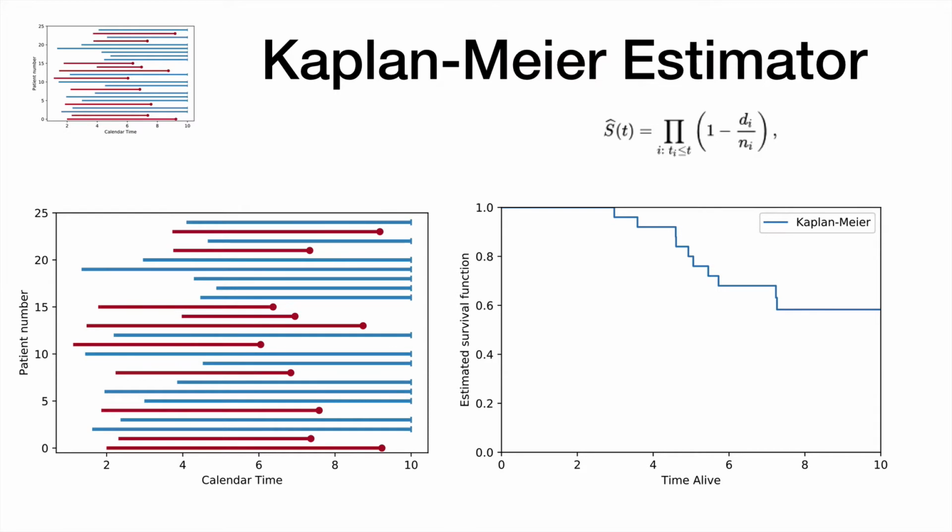Okay, so you can now readily make these kinds of estimates and plot the estimated survival function as a Kaplan-Meier estimate. This allows us to estimate the fraction of patients alive at a certain point in time. And this is compensating for the fact that some of the patients are surviving.